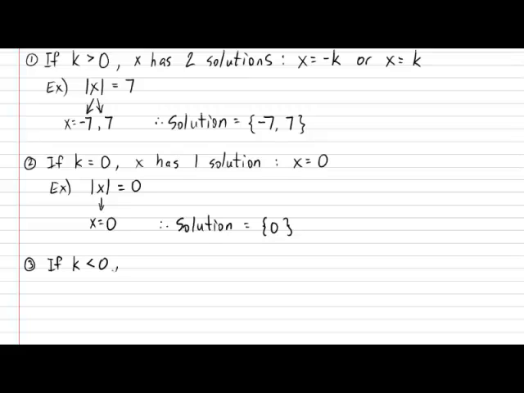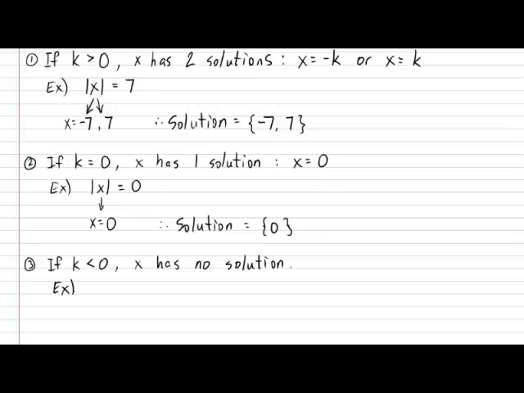So, if the absolute value of x is equal to a negative number, what could x be? Good for you if you realize that. The definition of absolute value says that you must always end up with a positive result. So therefore, for an absolute value equation to give you a negative result would be impossible. Therefore, x has no solution.